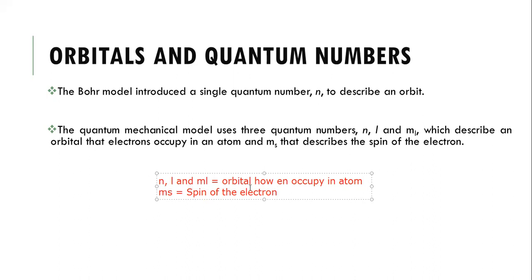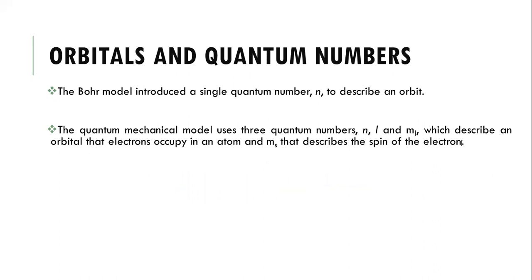These three explain the orbital, how the electron occupies in the atom, and ms shows the spin of the electron. So this is what we are going to study one by one. That is very important, and let's move on to the first, the principal quantum number.